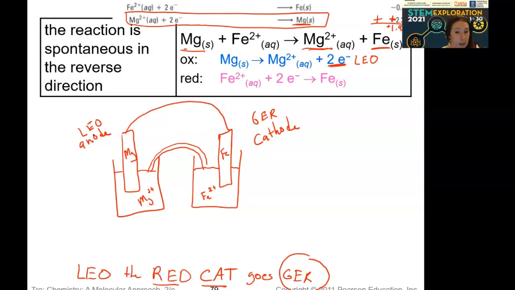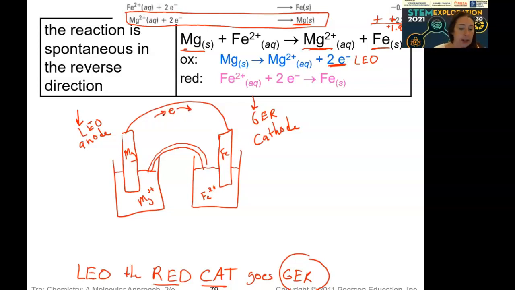Now, the other thing we need to decide is which way the electrons are going. Electrons are lost at the anode and gained at the cathode. Oxidation loses electrons, reduction gains electrons. So the electrons are going to go this way.